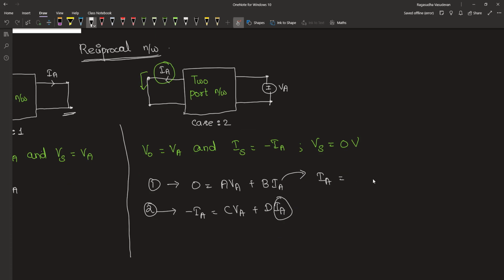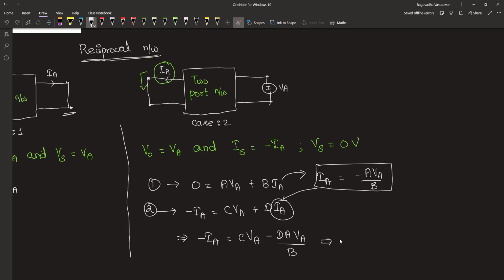From this, IA will be minus AVA divided by B. So this implies that minus IA is equal to CVA minus DA into VA divided by B. So minus IA is equal to VA into (BC minus DA) divided by B.